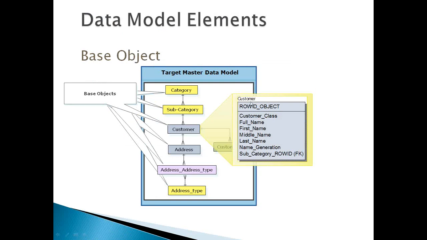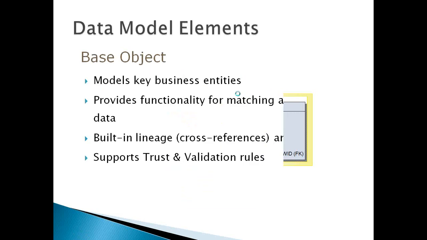So here it is the same thing: every base object that we create will have the row ID object values, and these are the business columns that we are going to create as per the lab. Here we have the same thing: the base object basically models the key business entities and provides functionality for matching and merging the data.